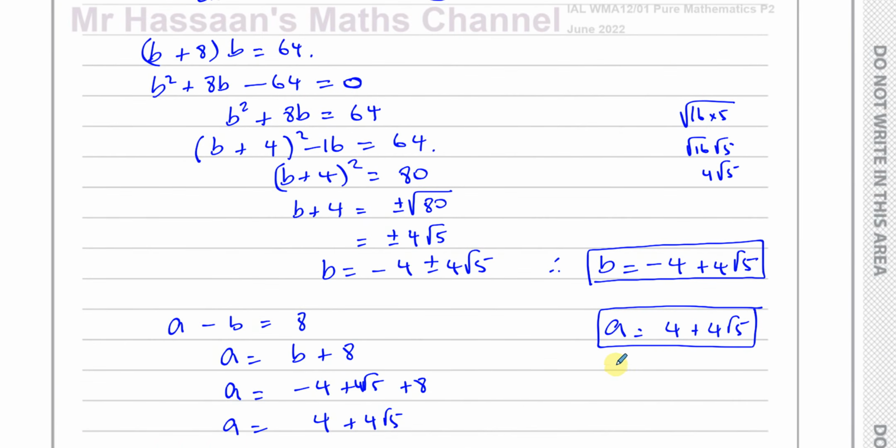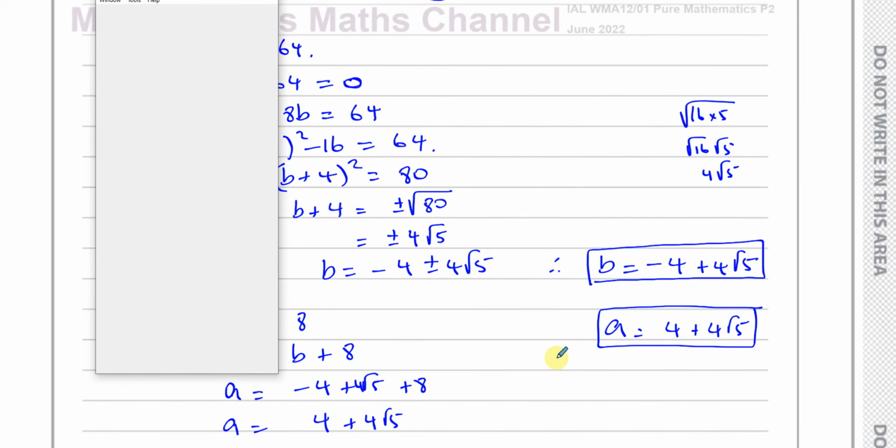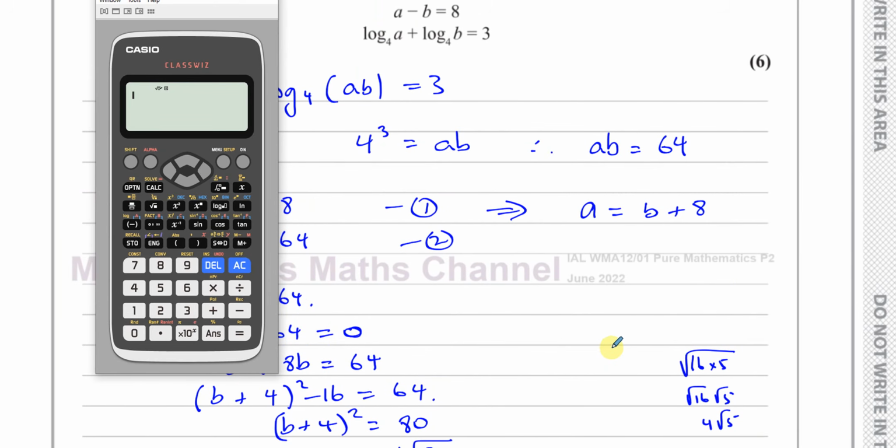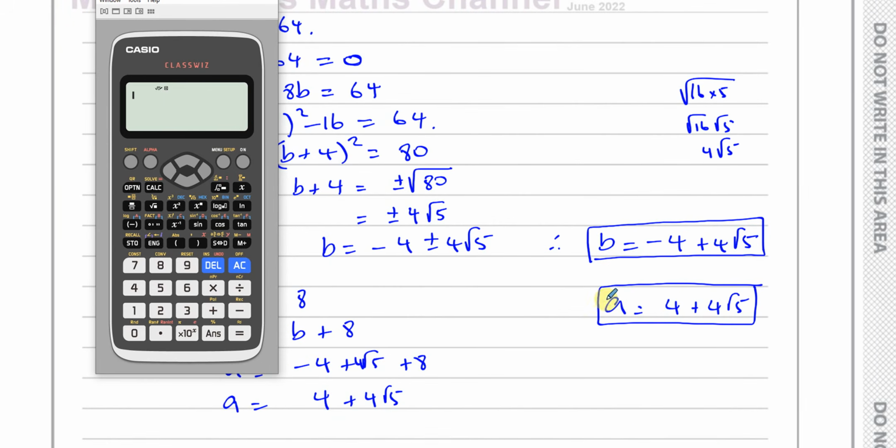That's one point. Second point is, at the time of me making this video, the mark scheme hasn't been released yet. So if you want to make sure that you have got the right answer, you can simply substitute those values back into here. So a minus b equals 8. Does that work? Of course, that will work because you have 4 plus 4 root 5 minus 4 plus 4 root 5. So you end up with 4 minus 4, which is 8.